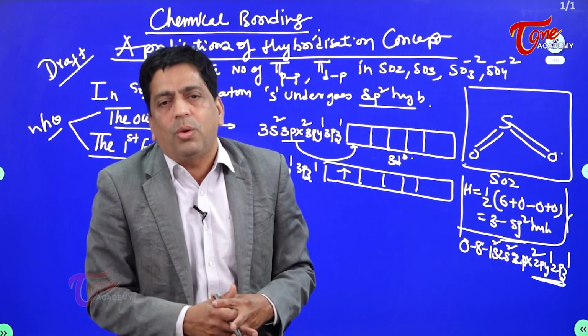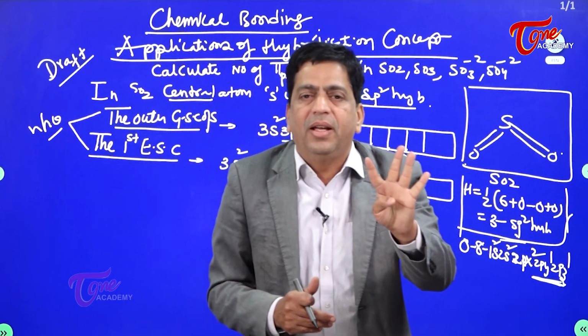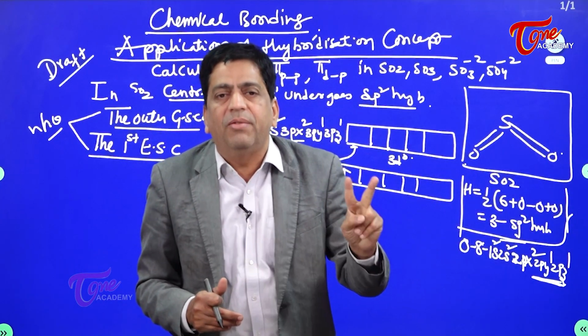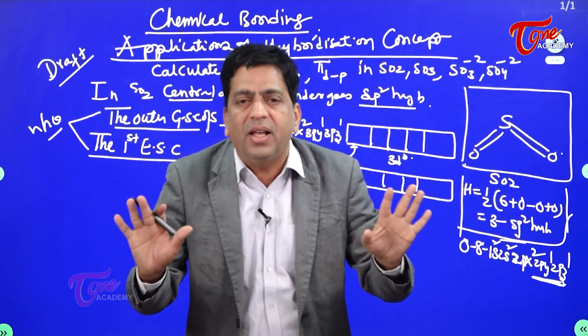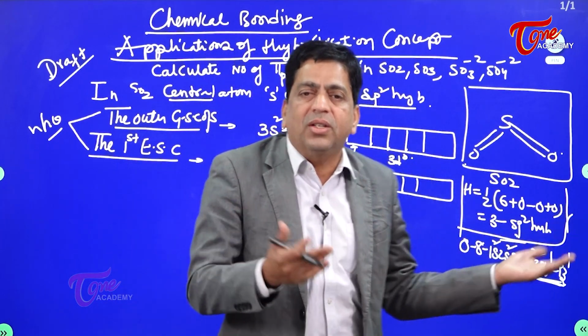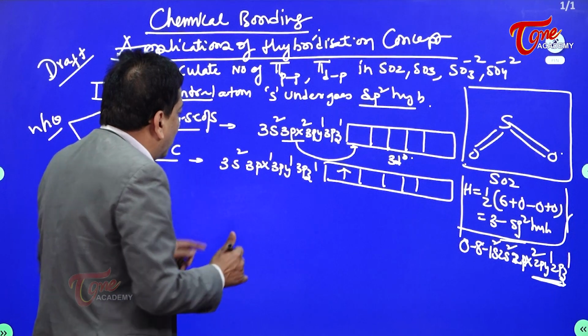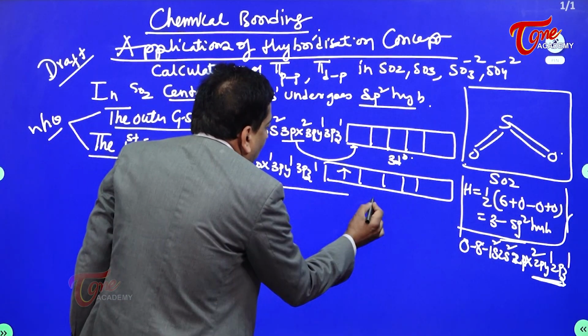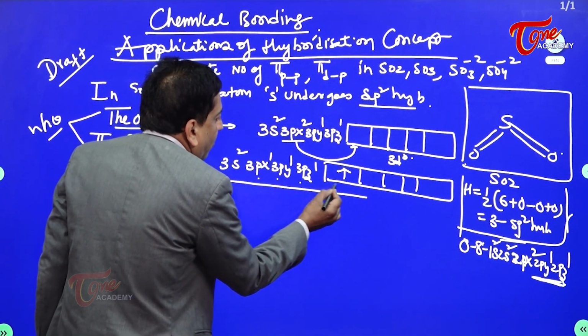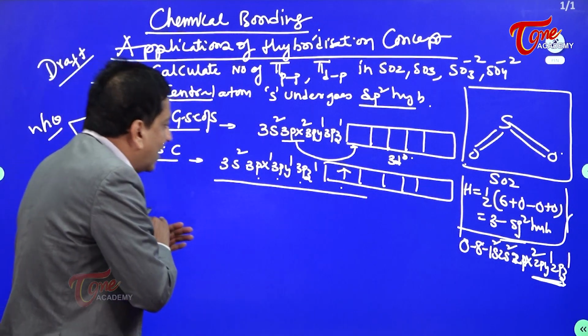How many unpaired do you require? You require 4 unpaired because each oxygen is approaching you with 2 unpaired. So I got excited and stopped here because in the first excited state you see here, you have 1, 2, 3 and 4 unpaired electrons. That is the entire outermost shell.